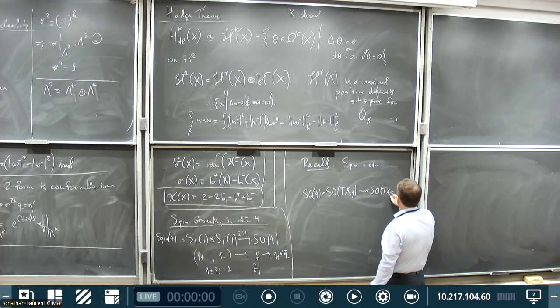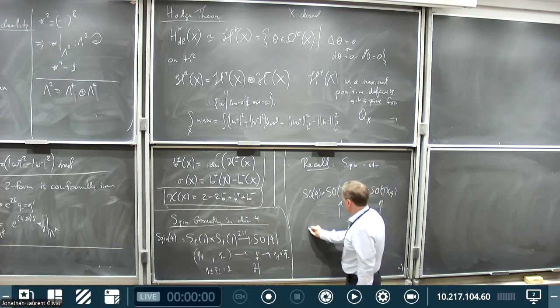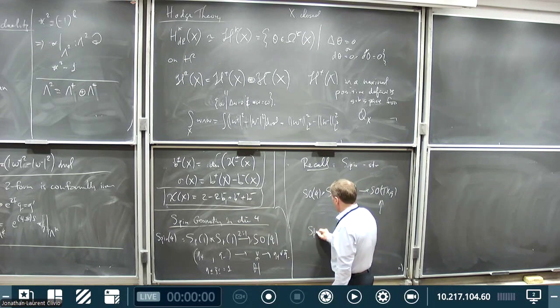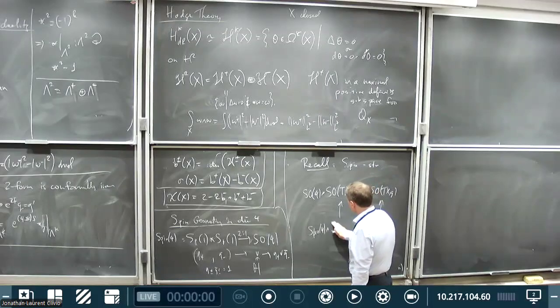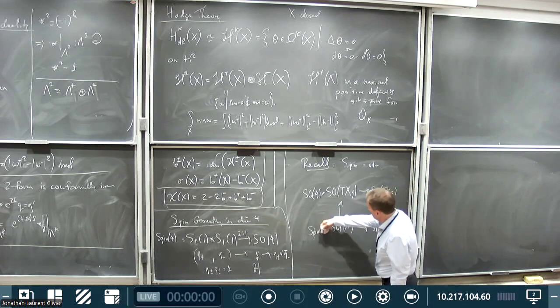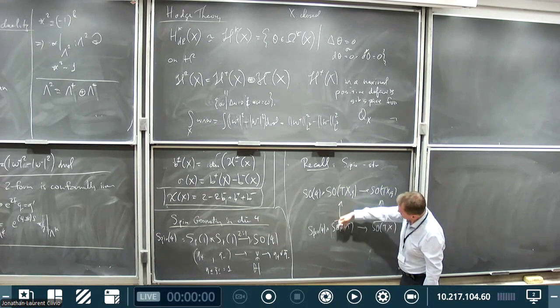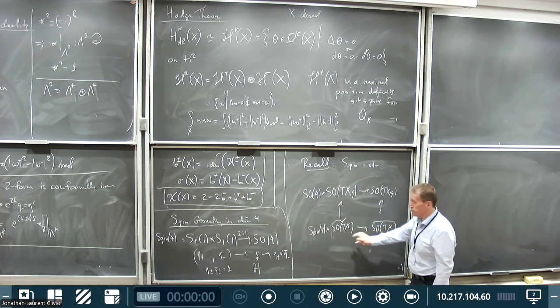And a spin structure is a lift of this action so that fiber-wise over the base, this looks like the usual action of Spin(4) on itself.